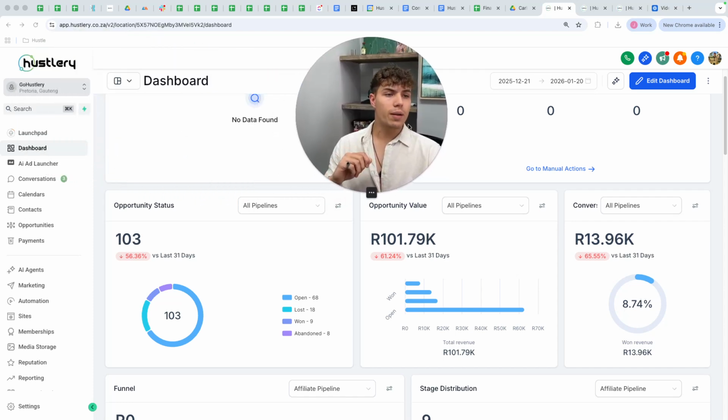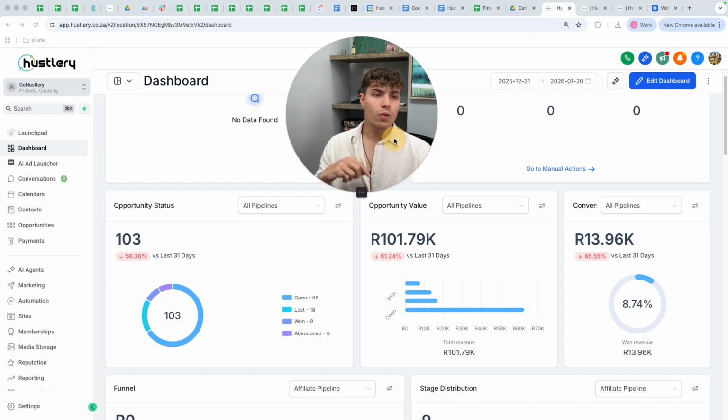An 8.74% conversion rate means that if you generated 100 leads, 8.74 people actually become paying customers.